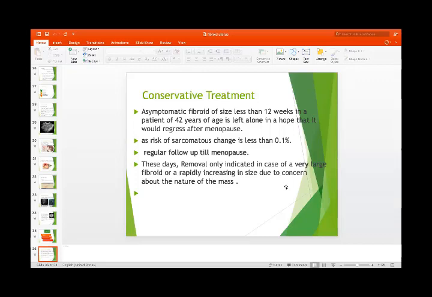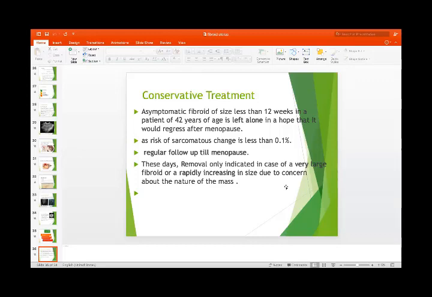You have done an ultrasound, it shows an asymptomatic fibroid, you will do a repeat ultrasound after 3 months to see whether the size is increasing, decreasing, or the same. So we have to do follow-up in this regard. Usually asymptomatic fibroids are less than 5 weeks size.